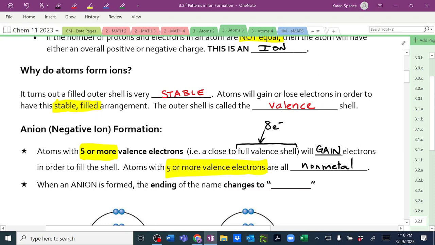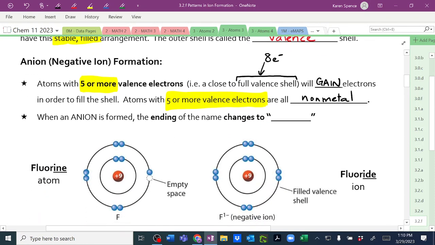And there's something else which you probably learned in grade 9 and 10, but may have forgotten. When an anion is formed, what happens to the ending of the name? When we have sodium and it gives away an electron to chlorine, we get sodium chloride. So when an anion is formed, the name ending changes to ide.